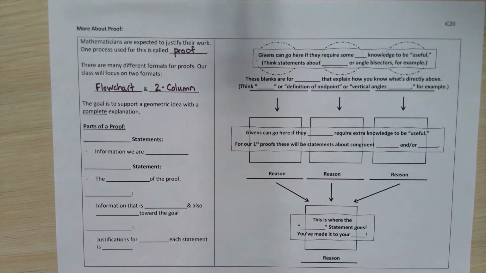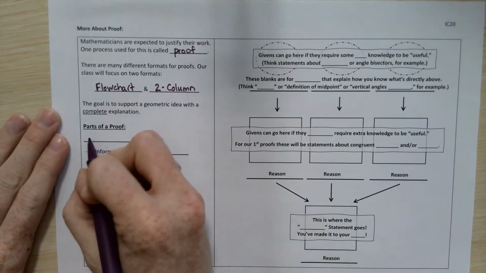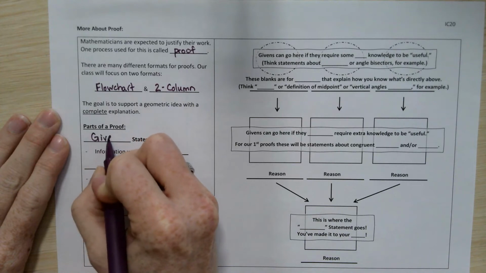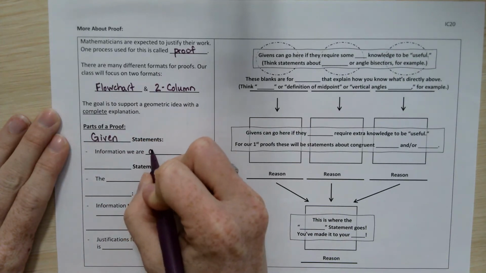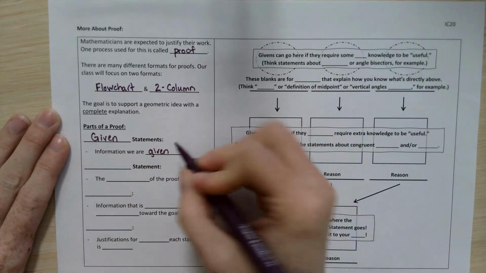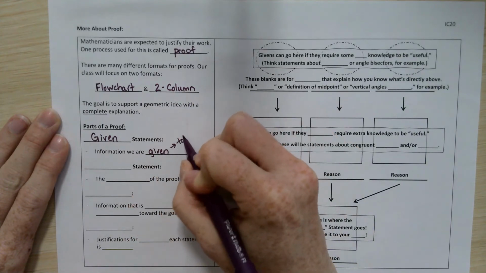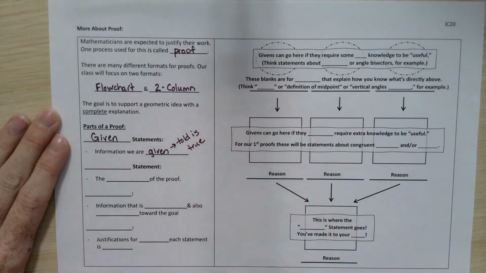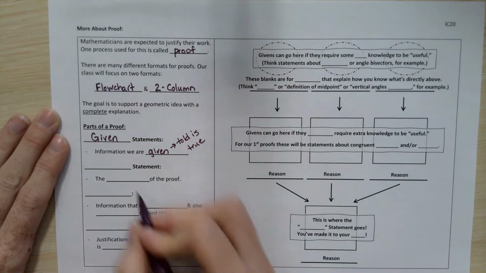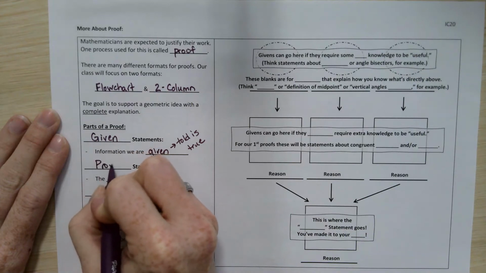Okay? So the parts of the proof, we've already talked about a few of them. We have what are called given statements. That's information we are given, which seems a little silly. So if you want to explain that to yourself, it's stuff that we are told is true. Okay. Then we have the prove statement.